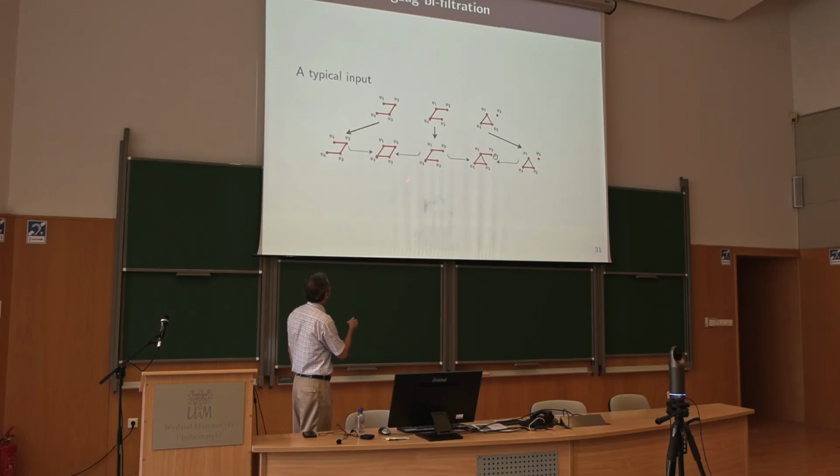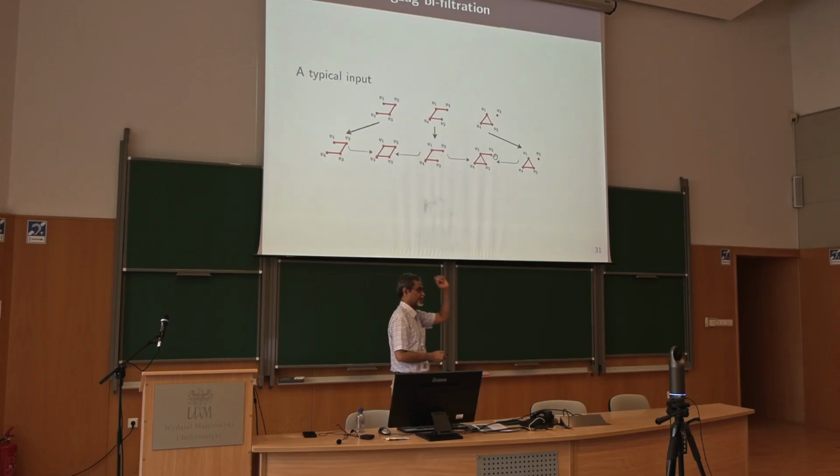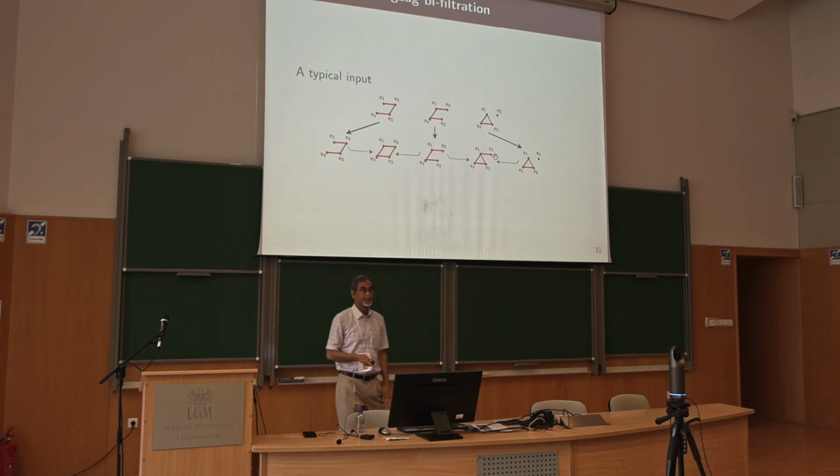This graph is included here because this is the union of the two. Similarly, this is the union of these two, so you get a zigzag here. So with a changing graph, you get a zigzag in this way, and in the other direction you can always do some standard persistence, depending on the threshold or some weights on the edges or vertices. So this is the typical input for the graph case.